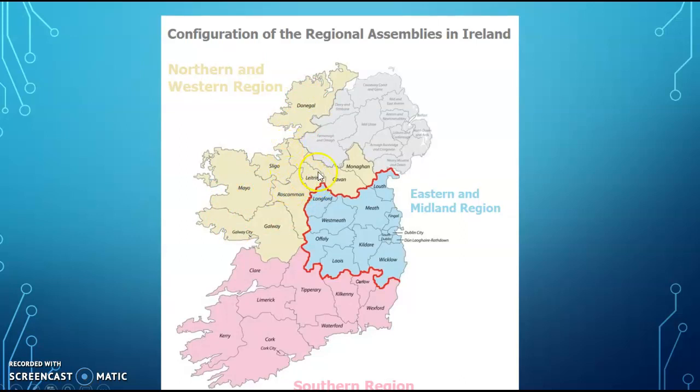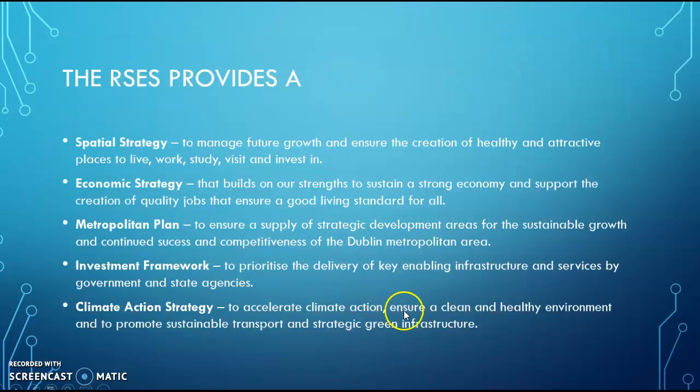So Donegal, Monaghan, Cavan, Leitrim, Sligo, Roscommon, Galway. The eastern and Midland region, which Athlone IT is in, Westmeath, Longford, Offaly, Laois, Kildare, Wicklow, Dublin, Meath and Louth. And then the southern region as well, with Cork, Kerry, Limerick, Clare and the other bottom half of the country, counties like Waterford, Wexford, Kilkenny and Carlow.